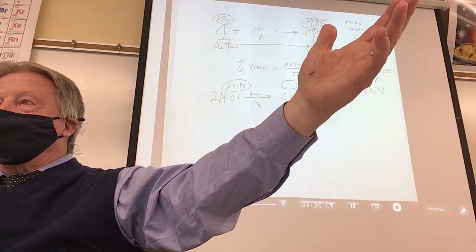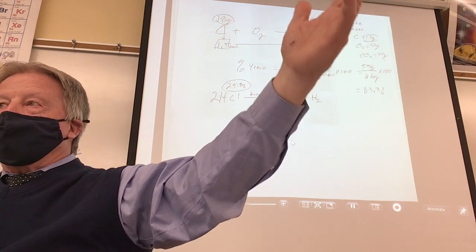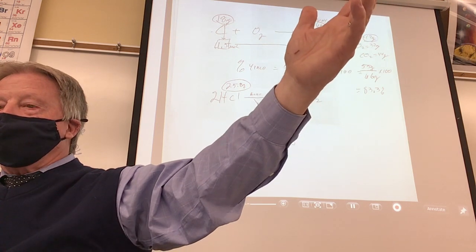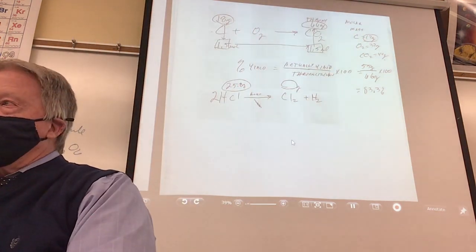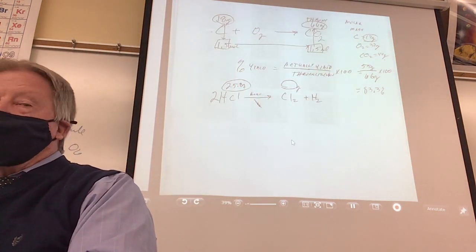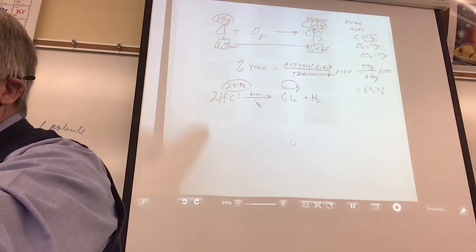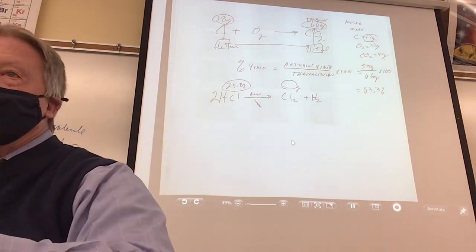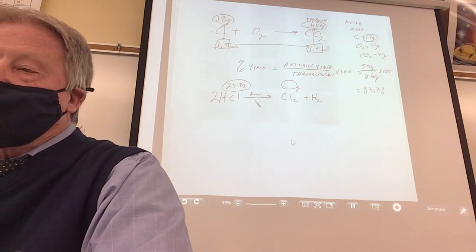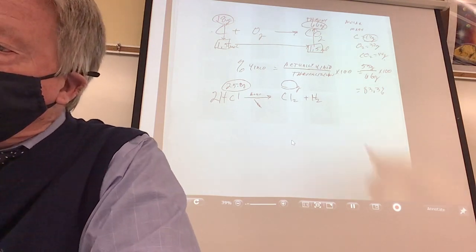But guess what? Both of those are diatomic elements. Did everybody put that down? So when you balance it, notice that we had to put a 2 here. Okay, let's do some molar masses.